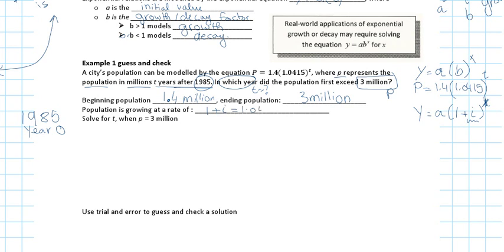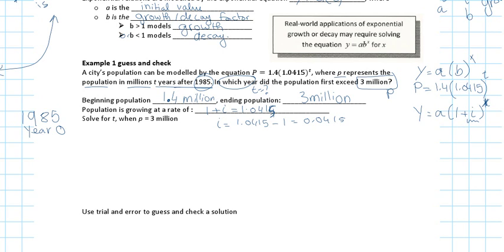So how can I find i? You take the 1 over to the other side, you subtract it. That's right. So i is equal to 1.0415 minus 1, which is 0.0415. And as a percentage, what do I do to find something in percent?